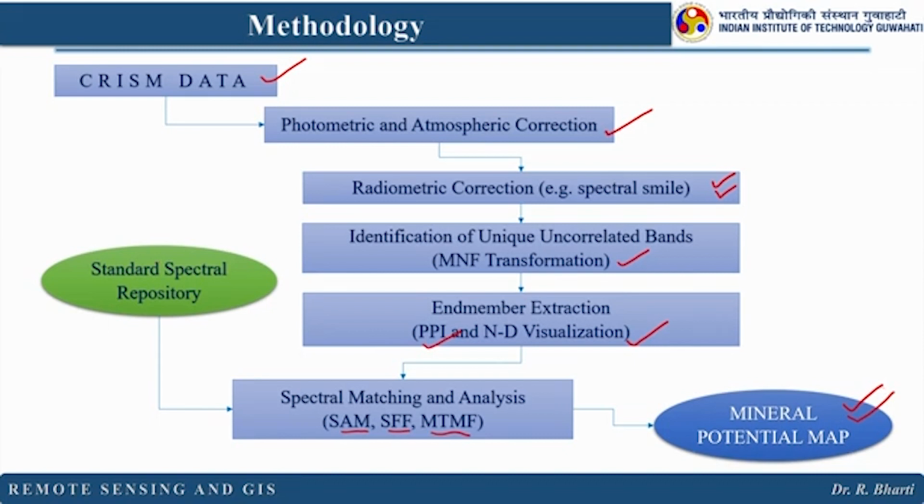So that's why I have put here a standard spectral library, and then we do the spectral analysis and derive our composition, right. So for a given pixel, what is the composition is derived by analyzing this image end members with respect to the spectral library, right.